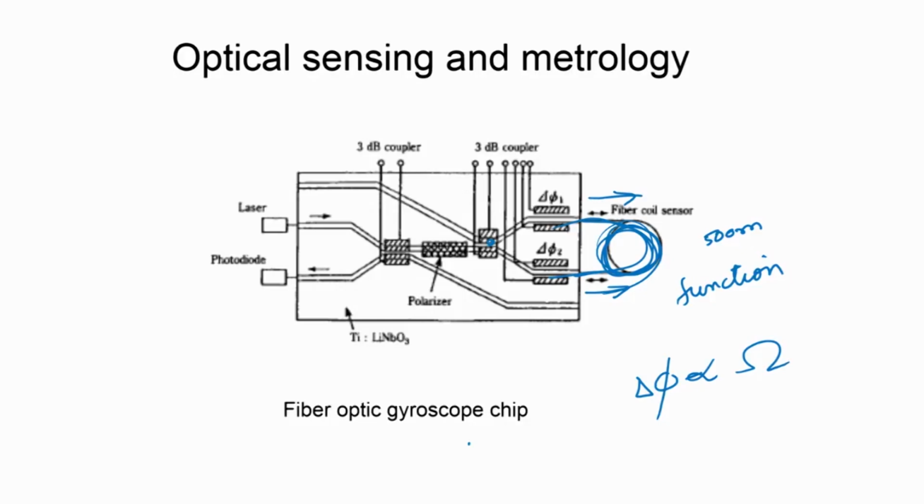Suppose this entire gyroscope is put on an aircraft or a satellite, we can measure the rotation rate of this object. I am not showing you the calculations, but we can go to the order of a few degrees per hour.